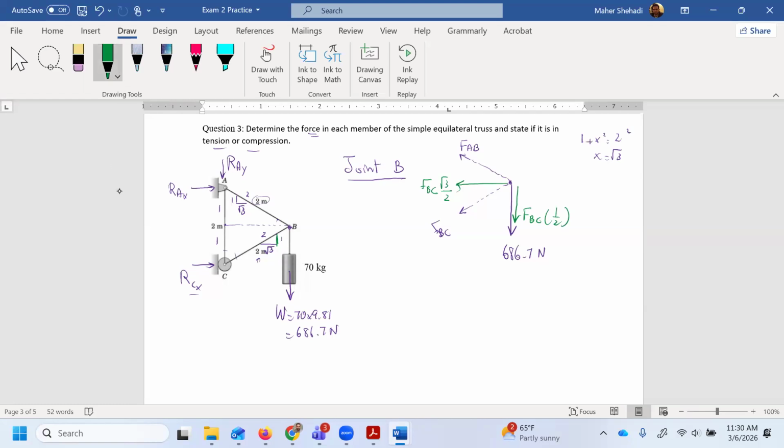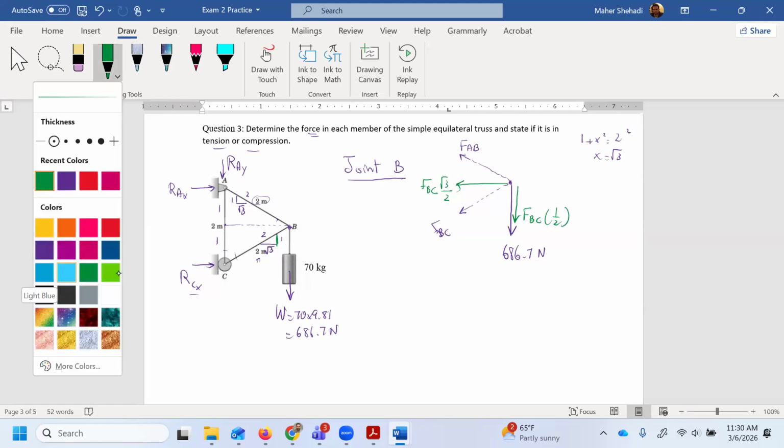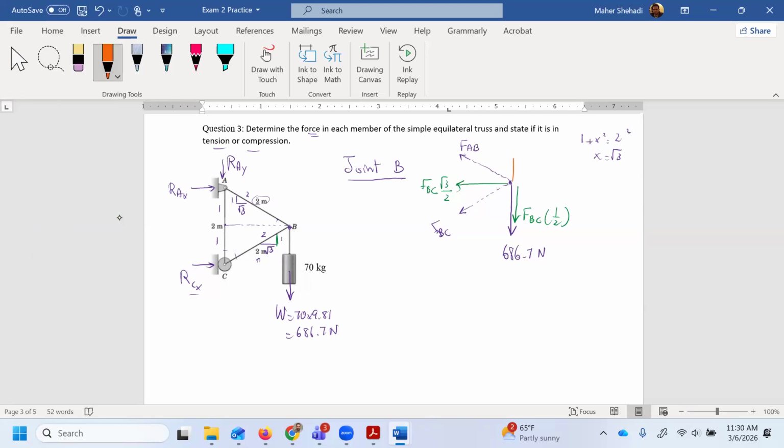The second one, let's pick orange. I have FAB, it's the same, 1 over 2. And then I have another one here, going in the negative. It's FAB. The x component of the slope is square root of 3 divided by 2.